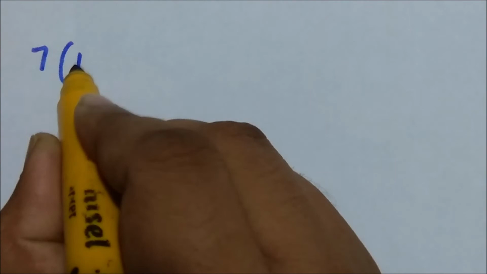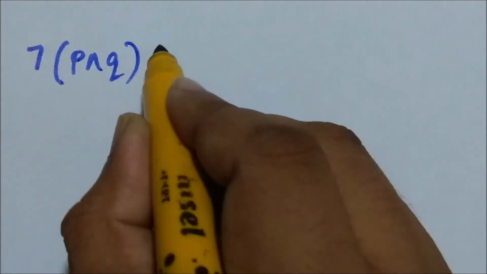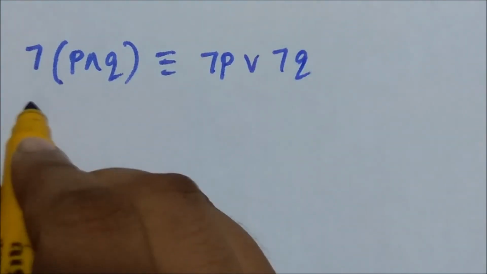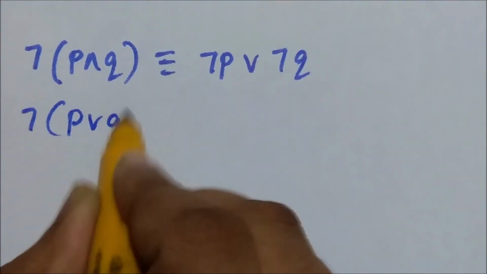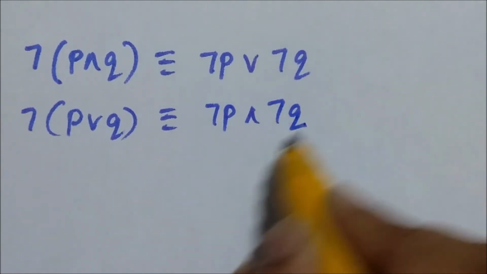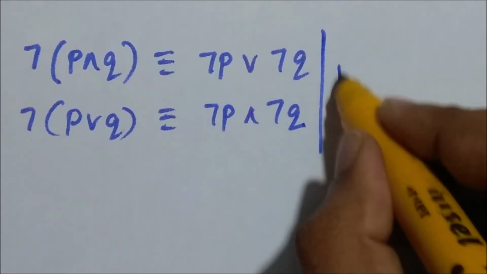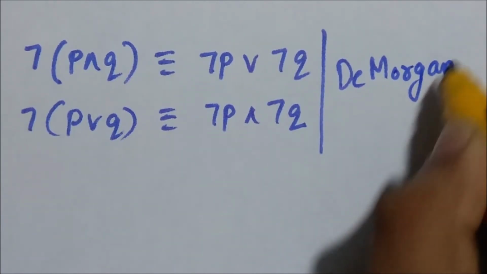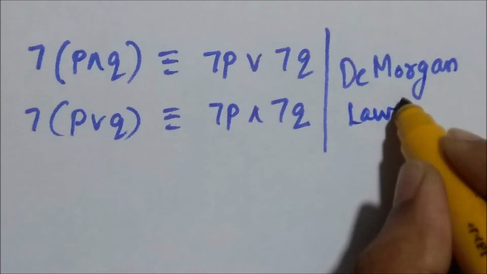Let's take a look at De Morgan's laws. Not of (P and Q) is equivalent to not P or not Q, and not of (P or Q) is equivalent to not P and not Q. See what is happening here. Not of (P and Q): we are bringing the not inside of the bracket.